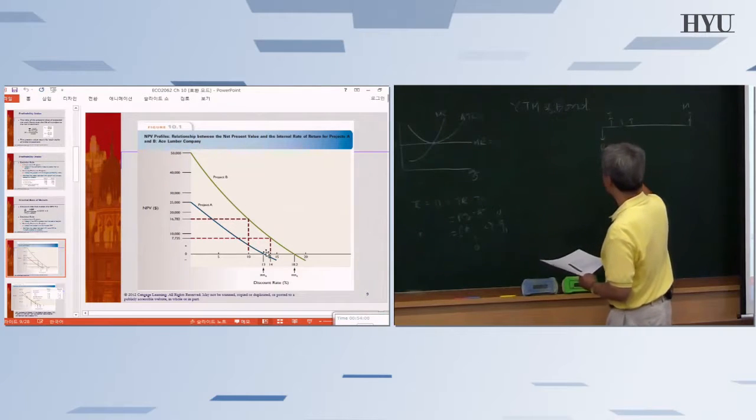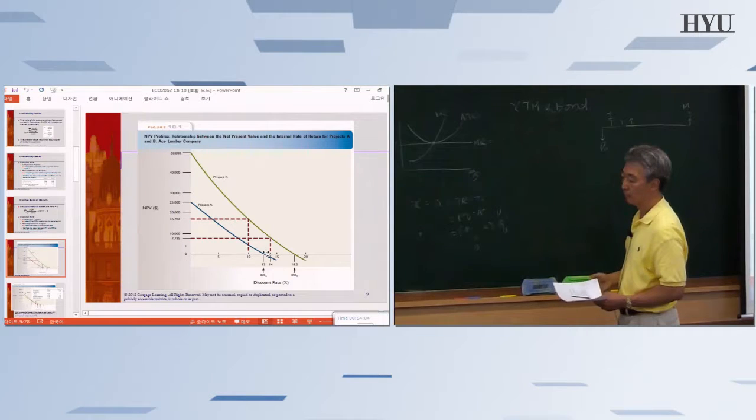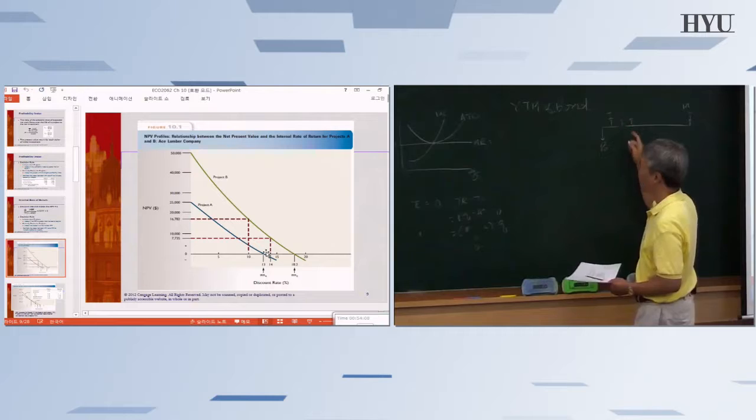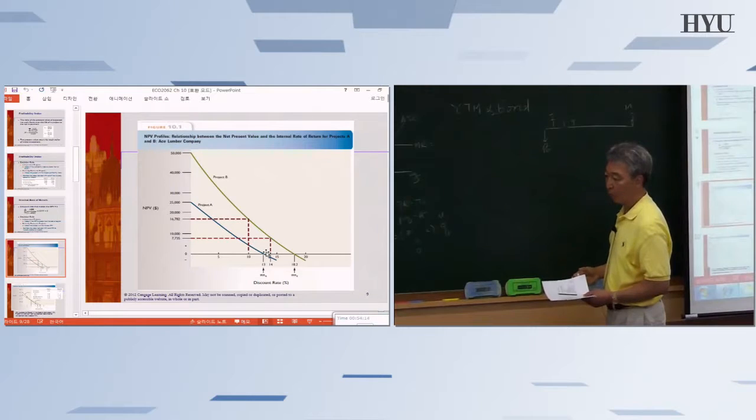So let's say this is P0, the initial price. Suppose you paid a certain amount of money for the bond, okay? And you receive periodical interest payments, and at the end, you receive the par value. What's the rate of return on that bond?